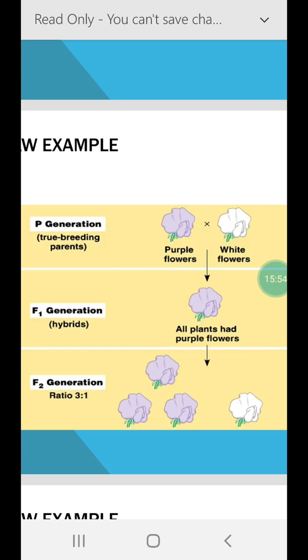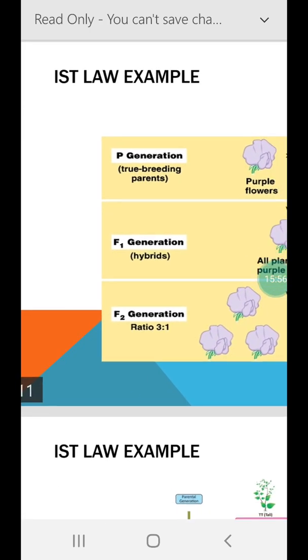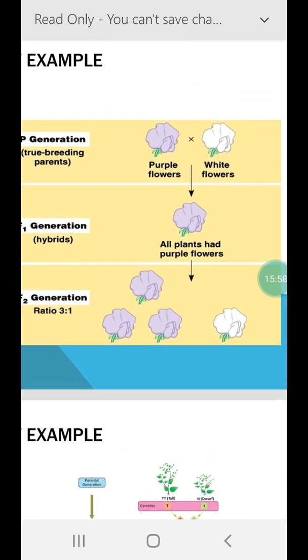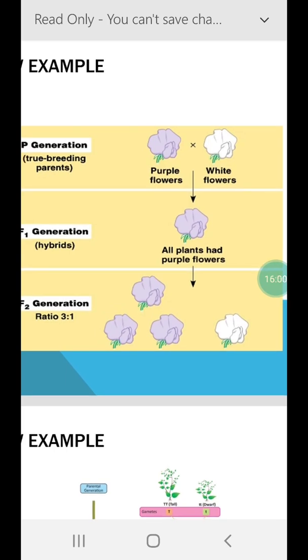Here one more example is there. Purple flowers with white flowers. So in the first generation, we will get all plants with purple flowers, as the purple color is dominant over white color. And when the F2 generation is raised, we get both the characteristics, purple flower also and white flower also.